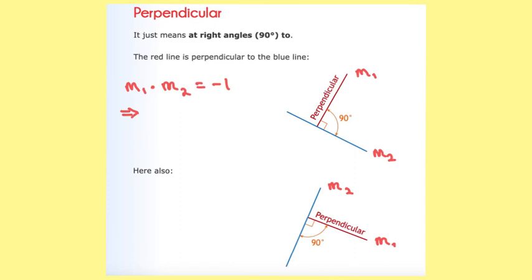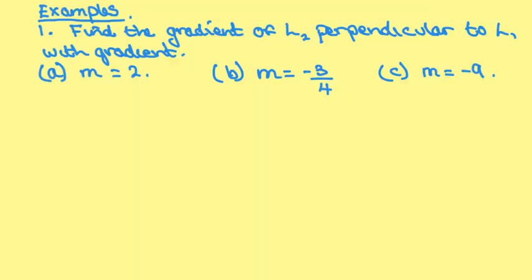Therefore, m1 is equal to minus 1 over m2. In other words, perpendicular gradients are the negative reciprocal of each other. This is always true for perpendicular lines.